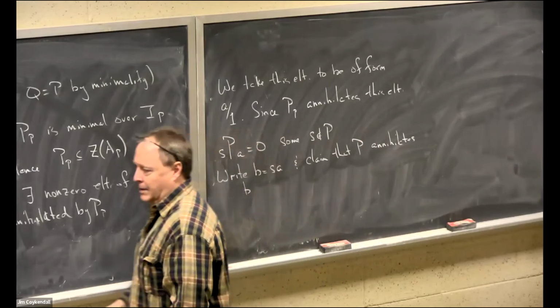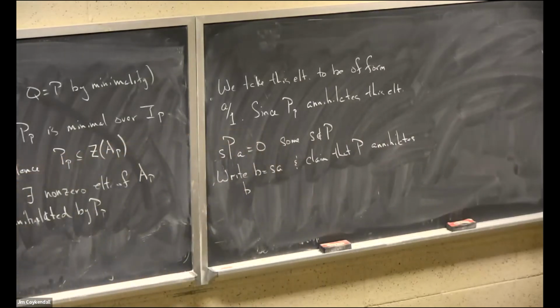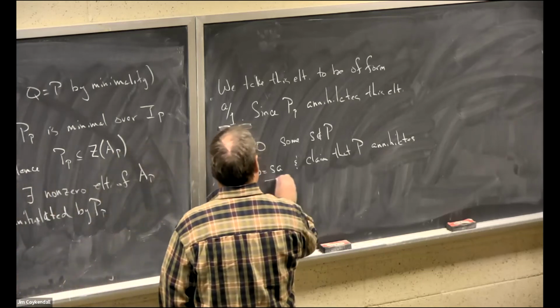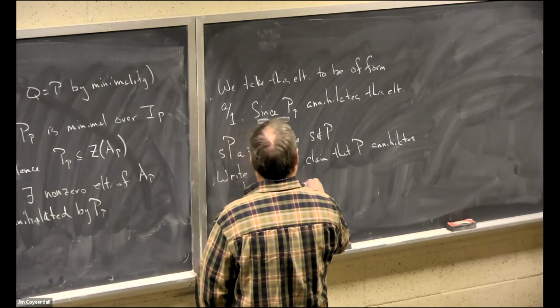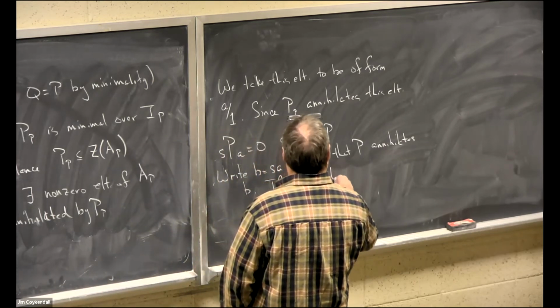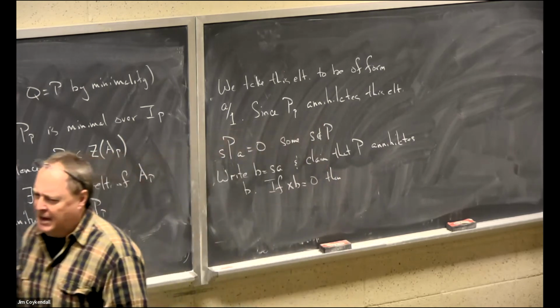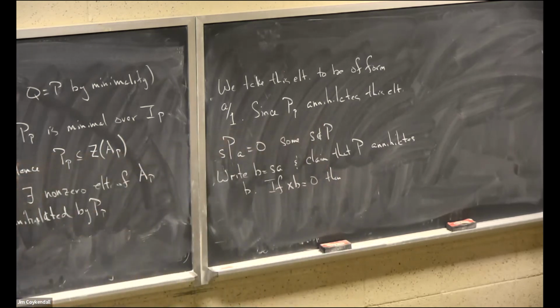And there will be your element that you need. So notice that if XB is 0, then it must be the case that X over 1 annihilates A over 1.